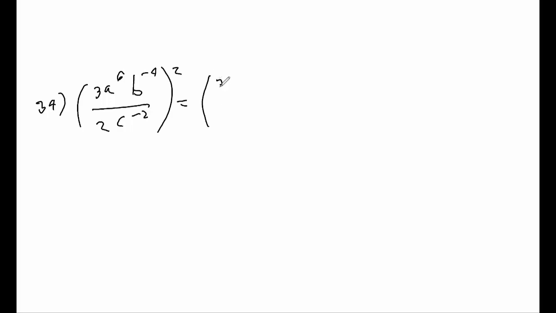So now let me do that. So I'll get 3a to the 6th, which I do not touch. I'll bring my c to the -2 upstairs and make that c to the +2 power. I'll leave my 2 alone here, but I will bring my b downstairs and make that to the +4 power, and then I will square it.